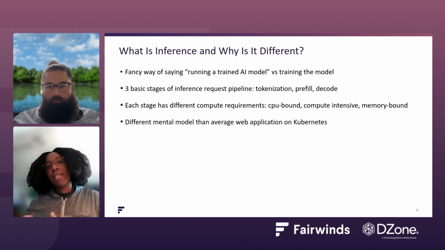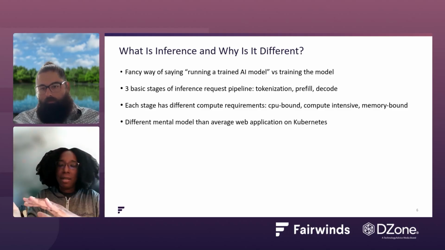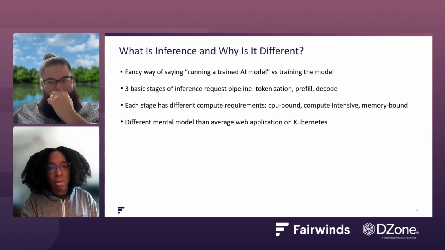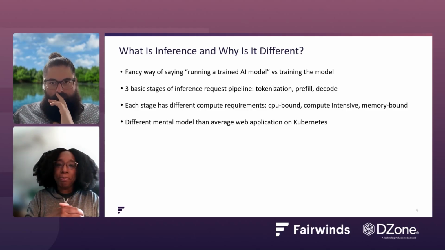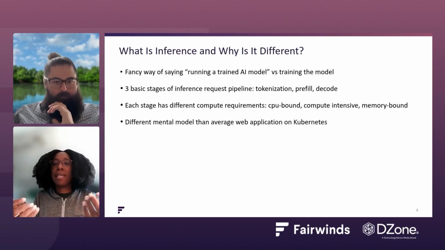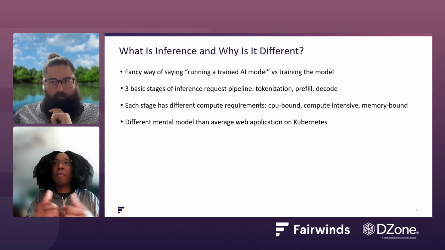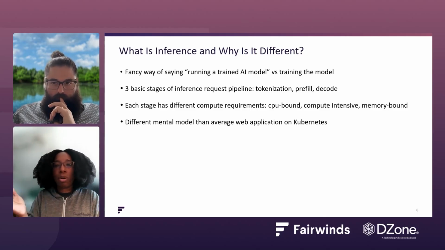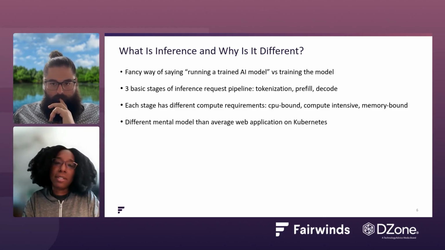And then at the other end, it does that exact opposite translation. It translates the numeric data into human readable information. And that is a basic CPU bound sort of process. So you can run that part of it on just a regular workload or a node in a cluster.